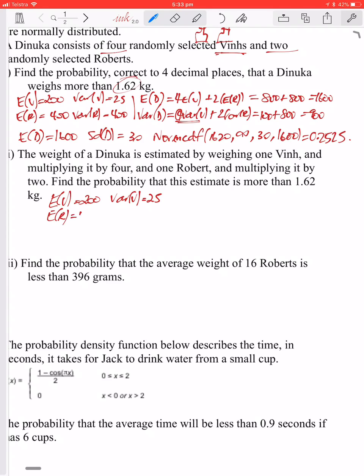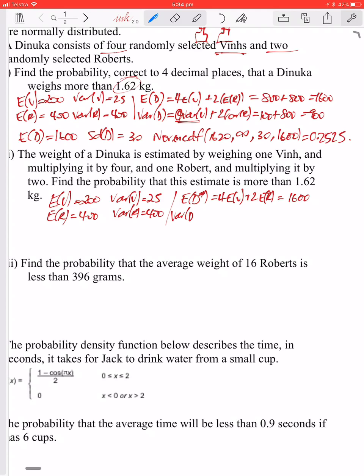E of R is 400, var of R is 400. So for E of, we can't use D because we used it before, so let's call it D star. That is 4 times E of V plus 2 times E of R, which is the same, 1600.